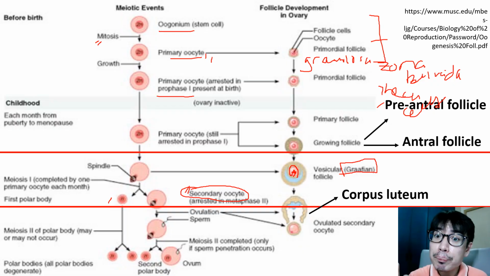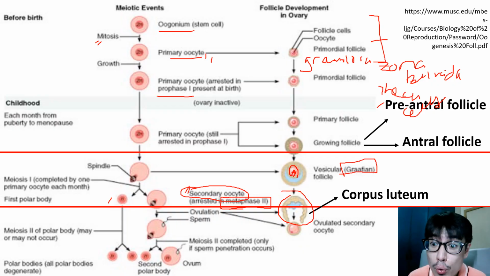The remaining structure, after the secondary oocyte and the antral fluid have been discharged, becomes what is known as the corpus luteum. At this stage, the secondary oocyte continues with meiosis 2, but it is again arrested at metaphase 2.